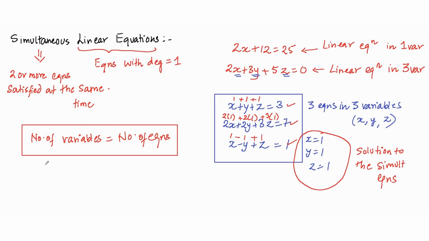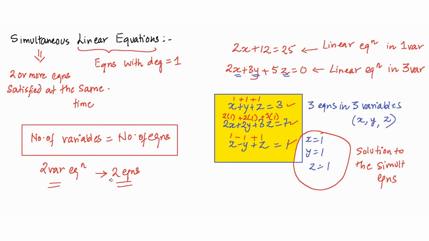So if I am solving a two variable equation, then I should have two equations to solve for the value of x and y. If I have three variables, as was the case with the example shown over here, then I need to have three equations to find the solution.